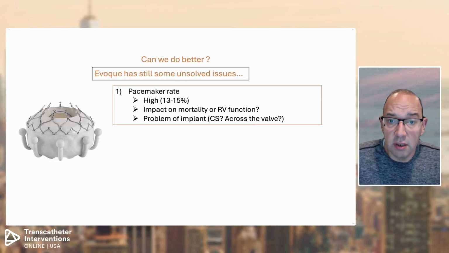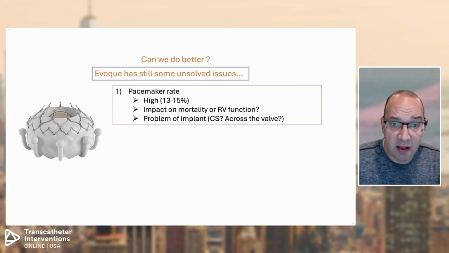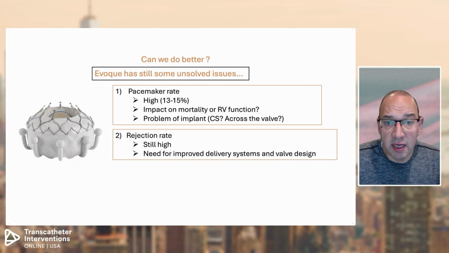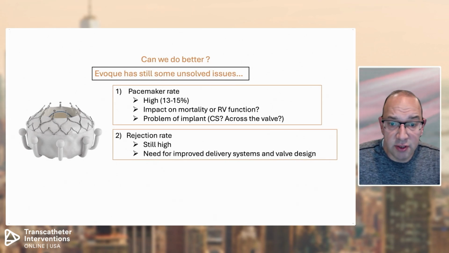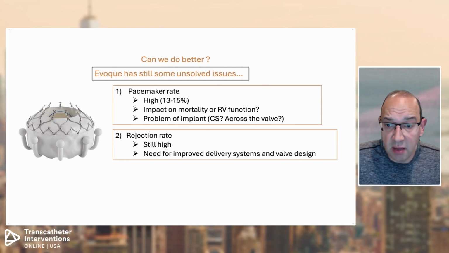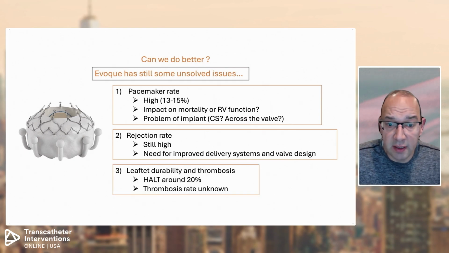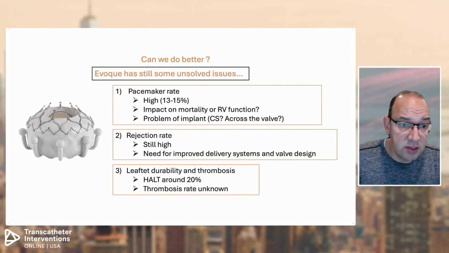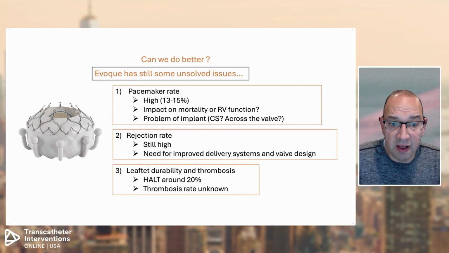However, there is still some consideration for those valves in terms of high pacemaker rate, the impact of RV dysfunction, and the patients being accepted. Many patients are still not being approved for those, the delivery system needs improvement, and the rate of valve thrombosis remains unknown for those valves.